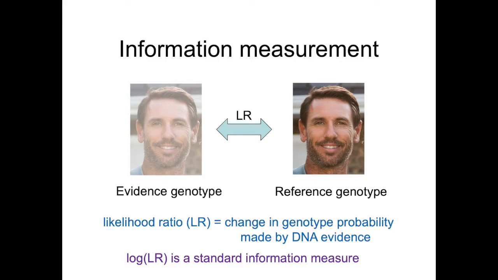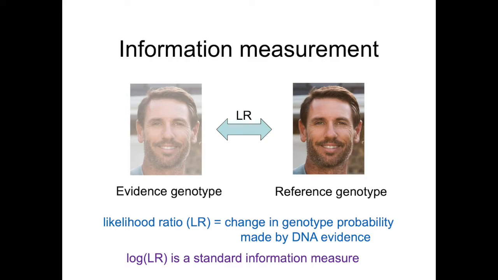Prior genotype probability reflects a random population. The posterior genotype probability is how the data has concentrated probability on more likely genotype values. The ratio of posterior to prior genotype probability gives the likelihood ratio.